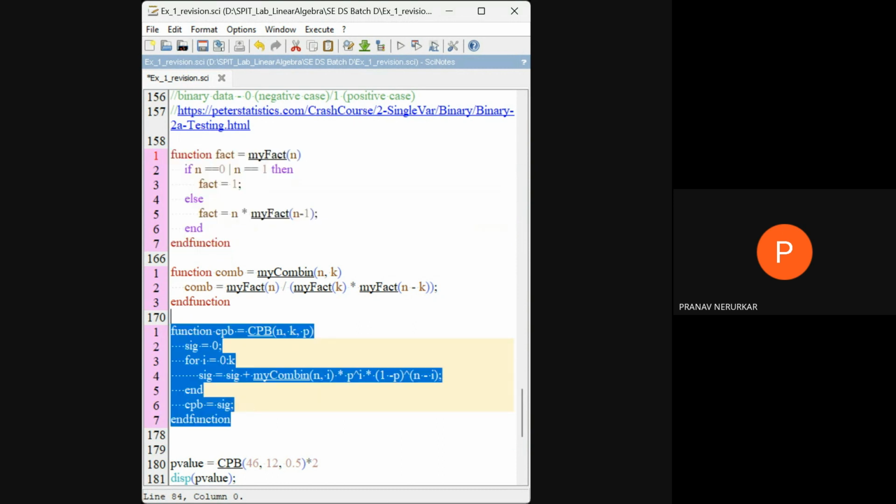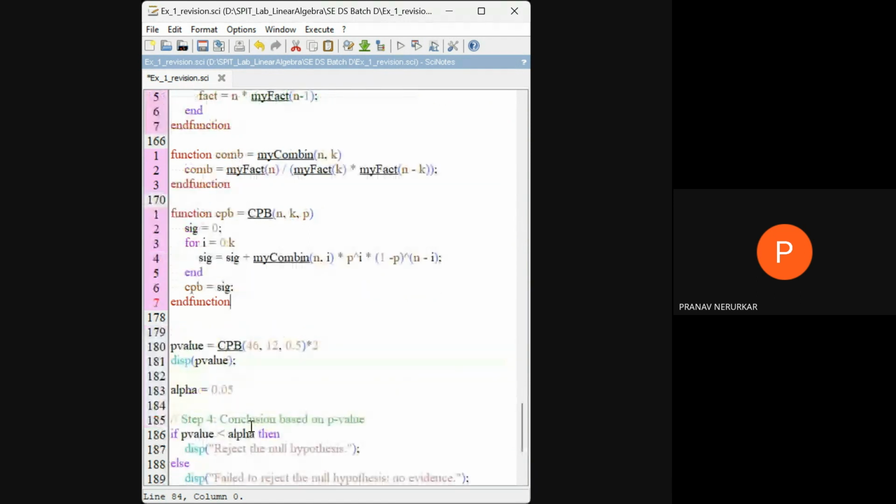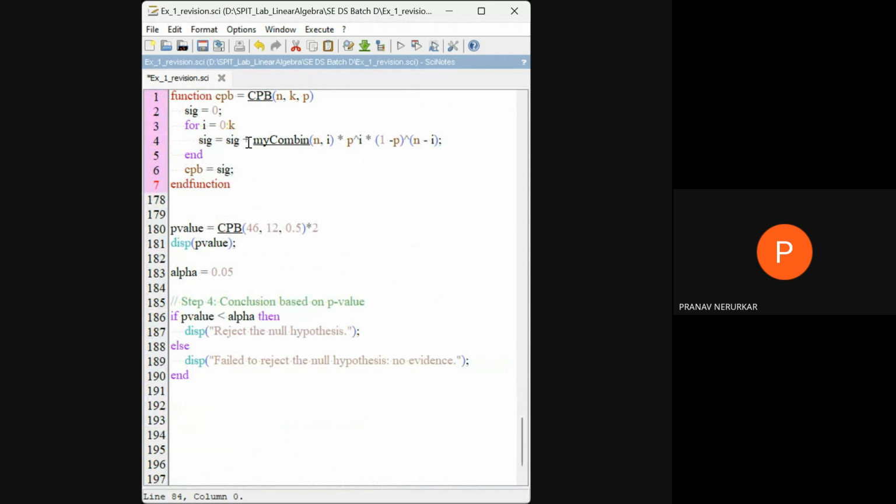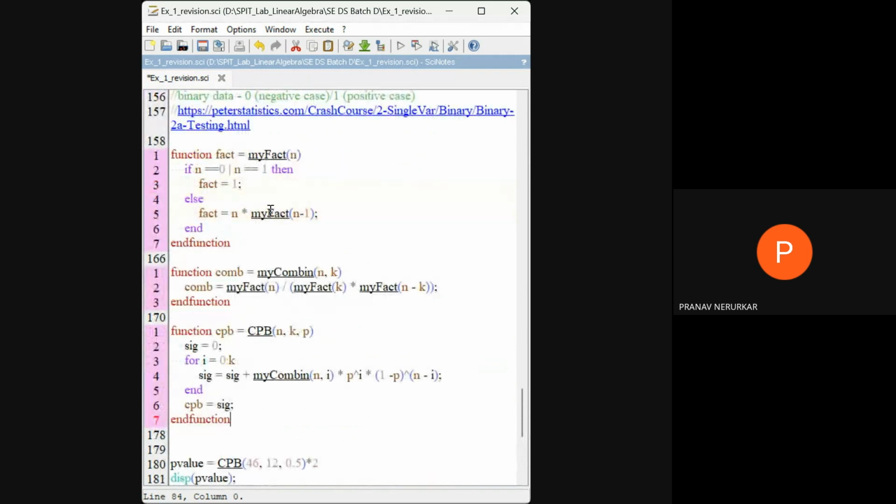And I can isolate if at all there is an error, then I can understand which part of the program this error is in. Third advantage is it is write once and use multiple times. Just like this factorial program I wrote, I could reuse it in multiple places. These are the advantages that Scilab offers. Also, other programming languages also offer this.